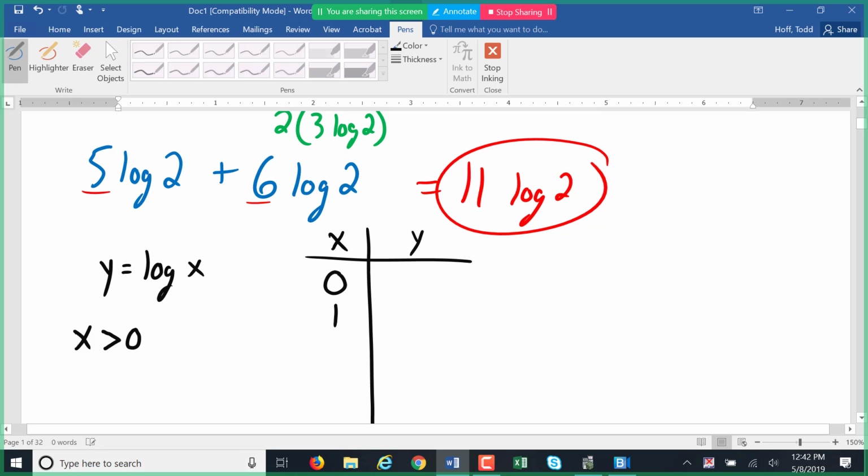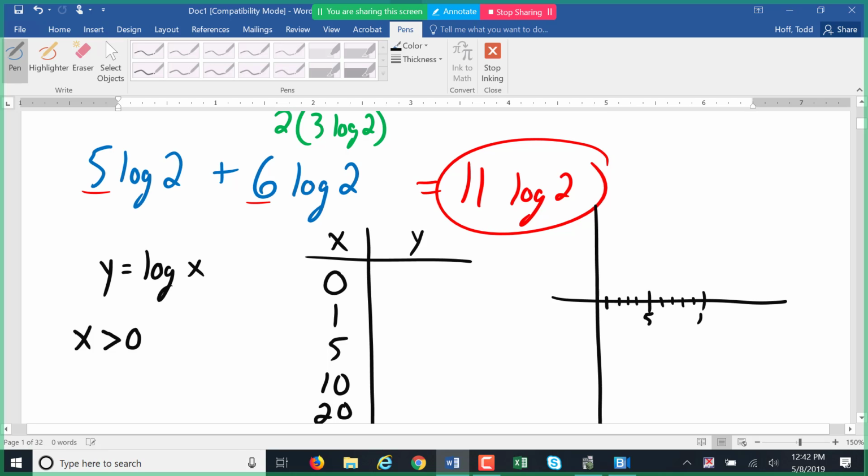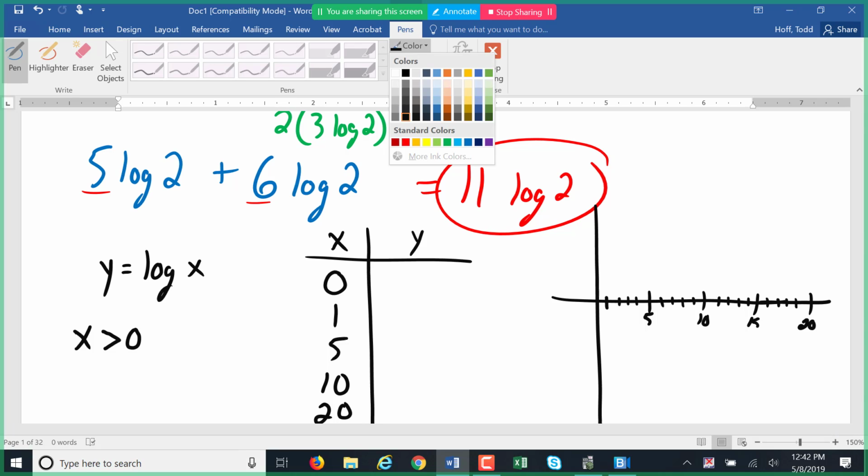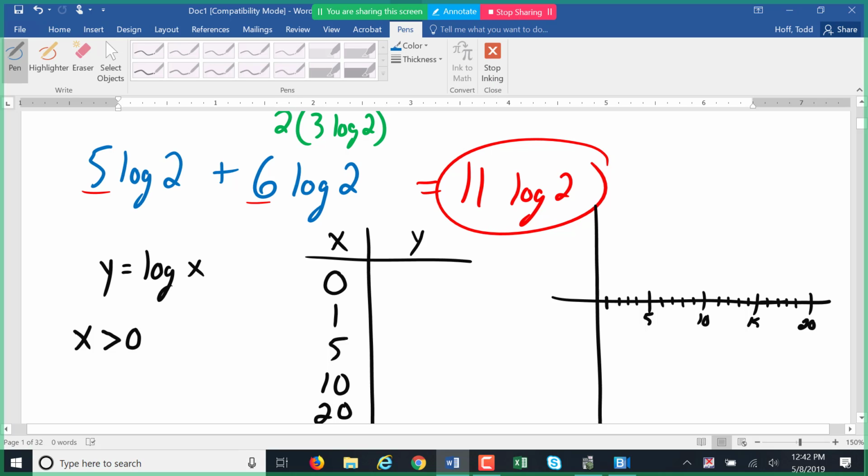Let's go 0, 1, 5, 10, and 20. So we've got 0, 1, 5, 10, 15, and 20. And let's see, log of, well, it can't be 0. X can't be 0, so that was a bad call.